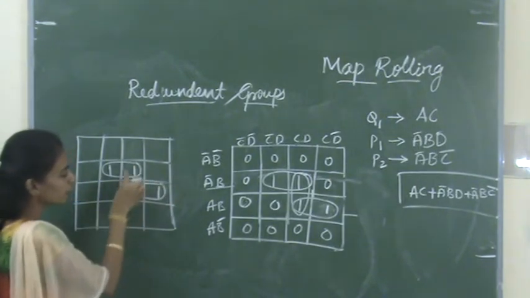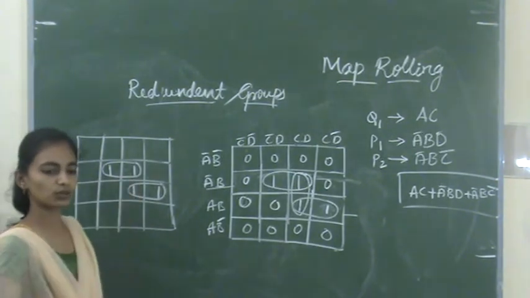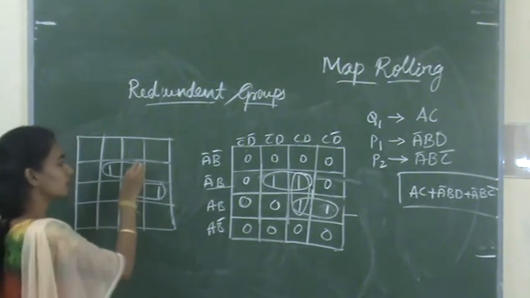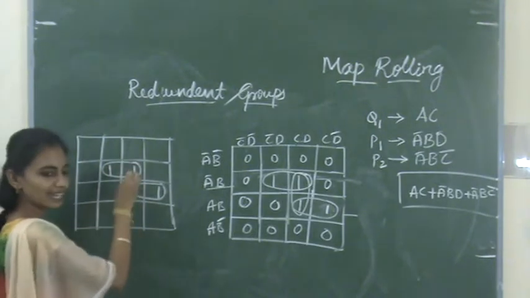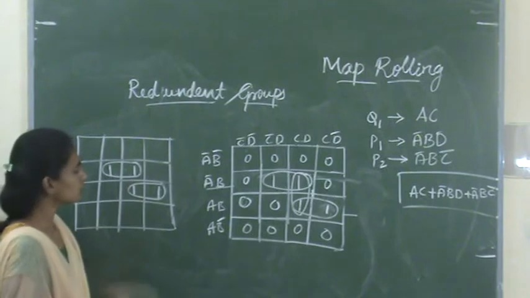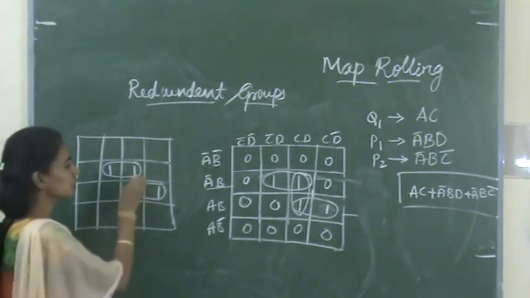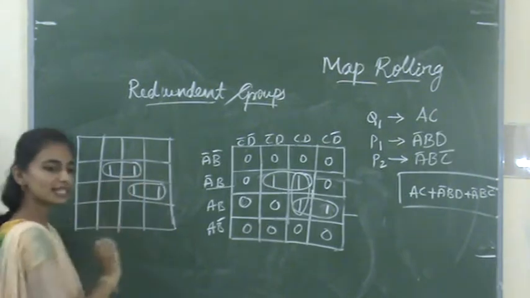So no need to pair this. These two ones are also adjacent ones only. So why are we not pairing this again? It is already paired with this one, right? So it is already paired to the other ones. So no need to pair these two ones again.